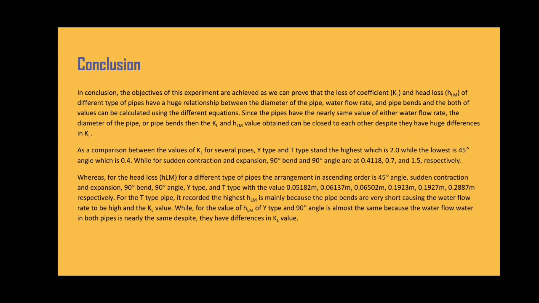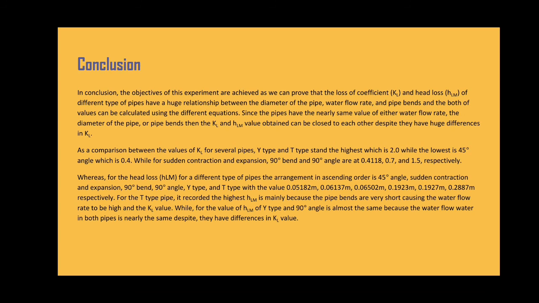Whereas for the head loss for different types of pipe, the arrangement in ascending order is 45-degree angle, sudden contraction and expansion, 90-degree bend, 90-degree angle, Y type and T type, with the values of 0.05182 meter, 0.06137 meter, 0.06502 meter, 0.1923 meter, 0.1927 meter, 0.2887 meter respectively.